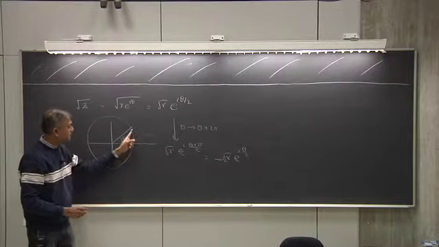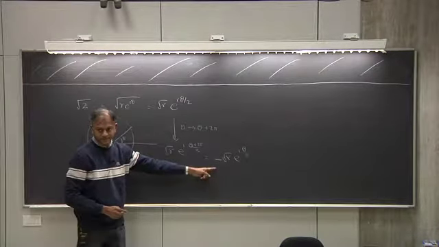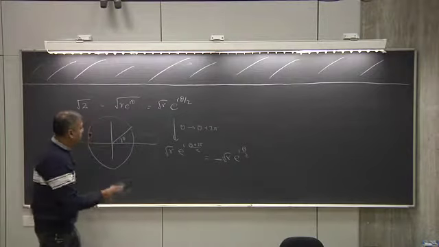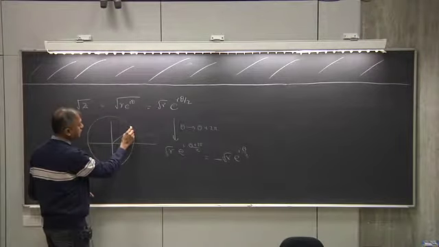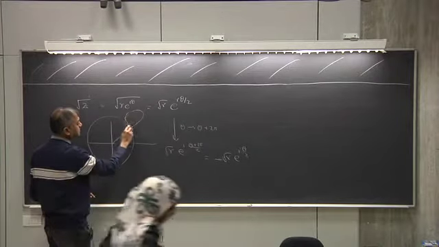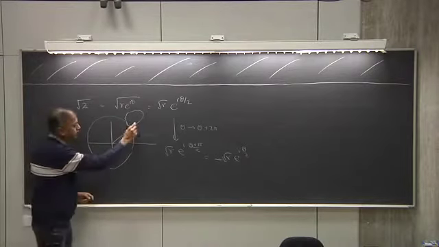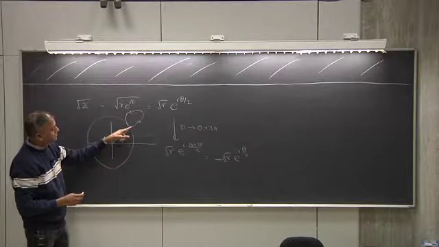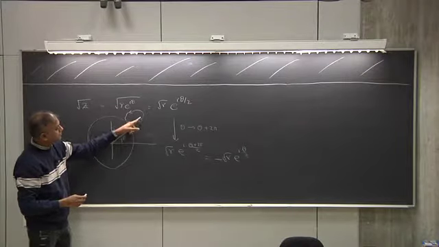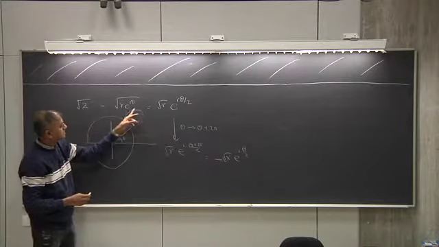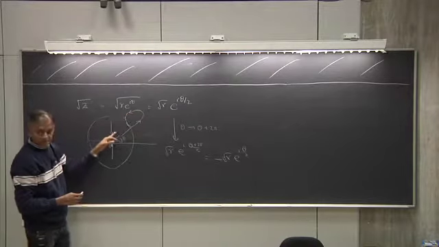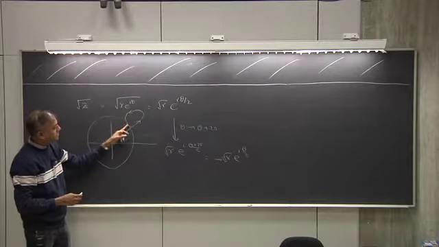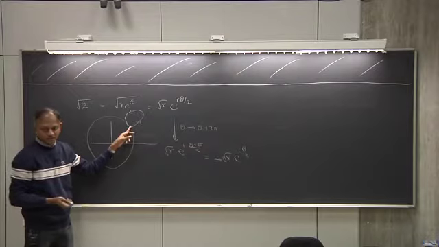As you come back, it picks up a minus sign. However, suppose I take another closed curve, something like this. Suppose I go around like that. In this case, nothing is going to happen because as you go around, theta is going to increase up to the maximum value here. But then again, theta is going to decrease and come back to its original value.